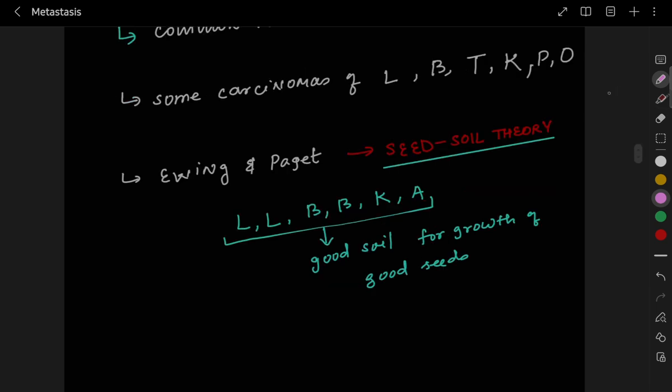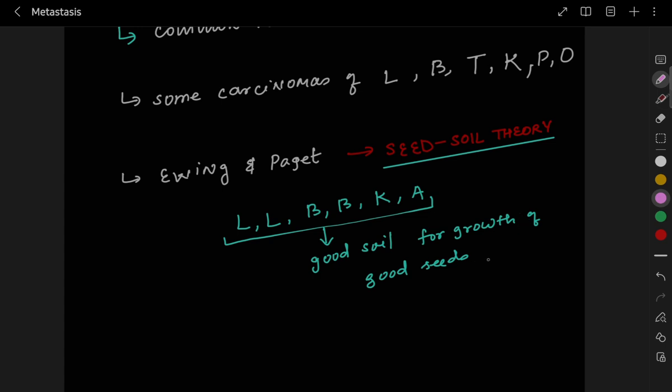I would like to tell you about the seed and soil theory, which applies to hematogenous spread only, proposed by Ewing and Paget. The liver, lungs, breast, bone and kidney are good soil for the growth of good seeds.